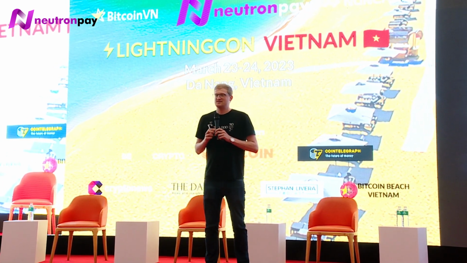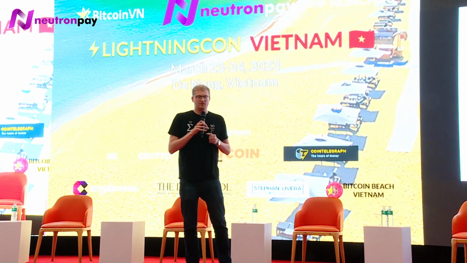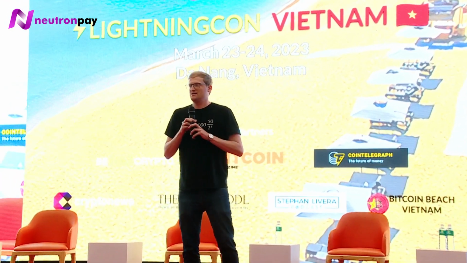A Lightning address is a form of an LNURL pay, which is a specially decoded web endpoint. So your Lightning address, Leo at Hong Kong, it points to a specific site, Hong Kong /.well-known/lnurlp/Leo.